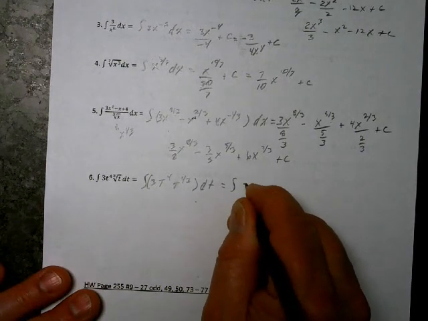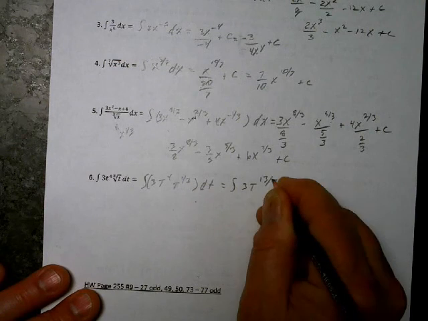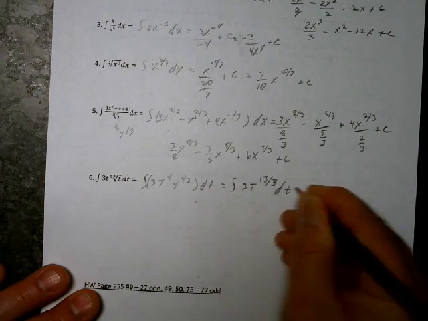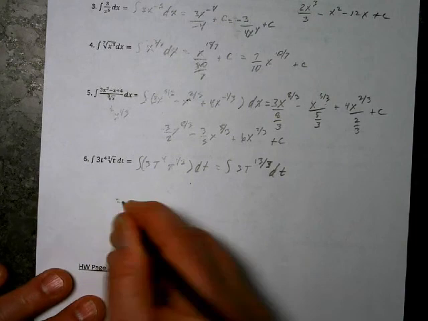Now let's add those together. I have 12/3 plus 1/3 is 13/3. So I have 3t to the 13/3 dt.